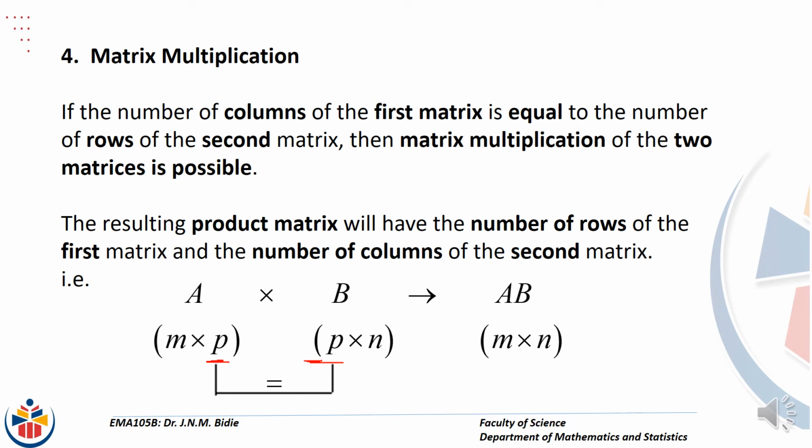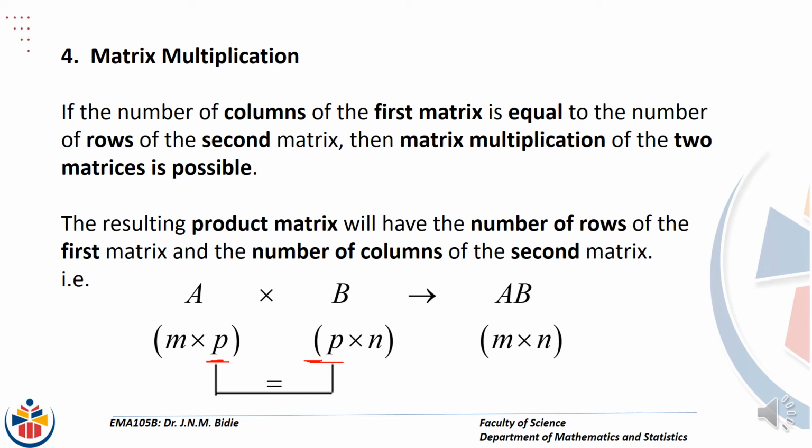So it means we've got A, which is an M by P matrix. It's got M rows and P columns. You are multiplying that to B, which is a P by N matrix. P in B are the number of rows and N the number of columns.